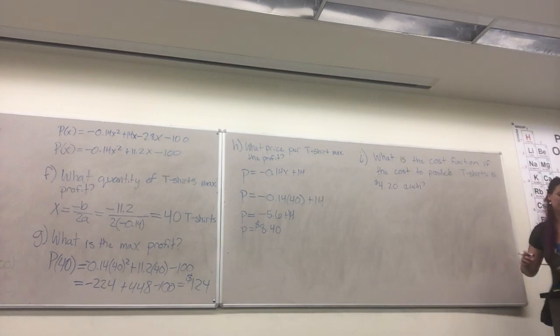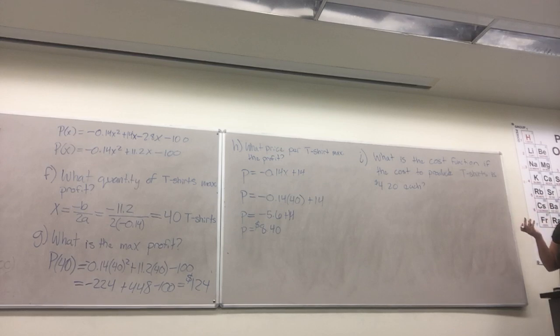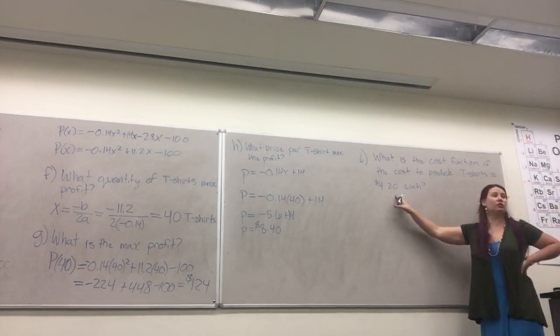So we're literally being told here, we want to find out the cost to just produce the t-shirts, right? Producing a t-shirt costs $4.20.